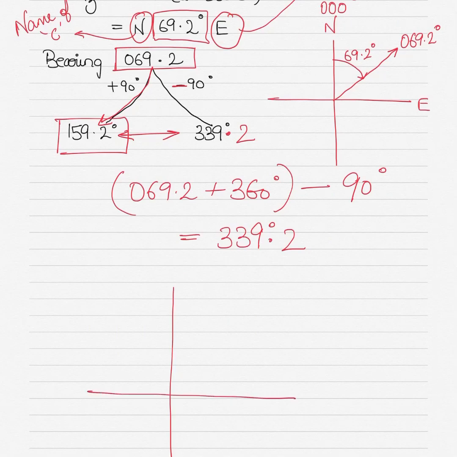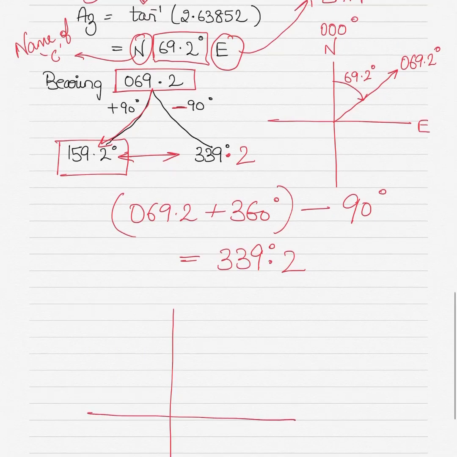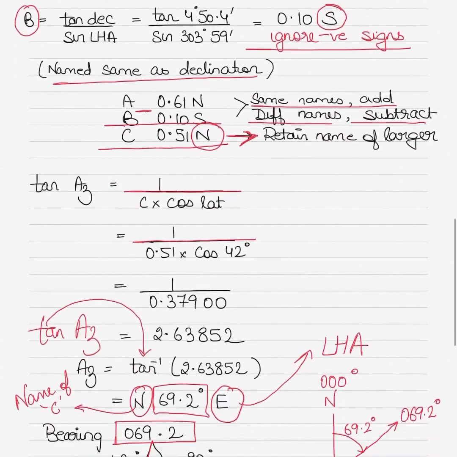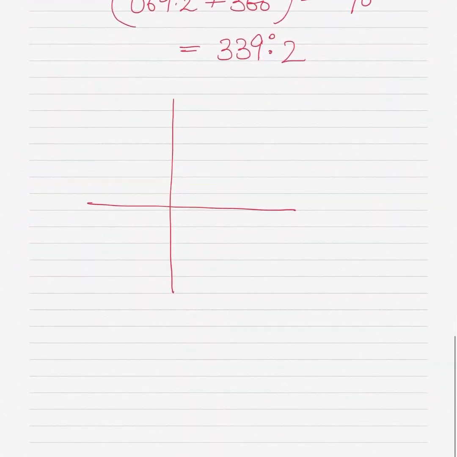So what does that mean? That means when you are plotting, is it towards or away? It's away. So you will not be going towards 069.2. If this is north and this is east, this is south, this is west, then instead of going towards 69.2, you will be going away from 69.2, the reciprocal course.